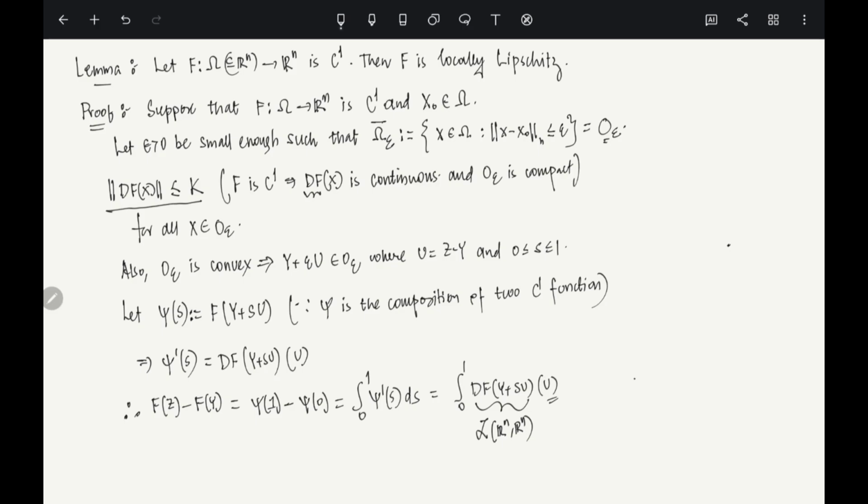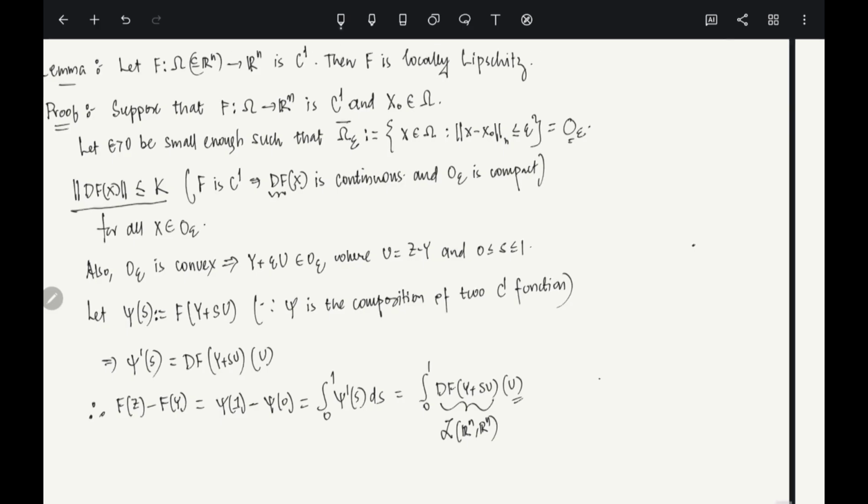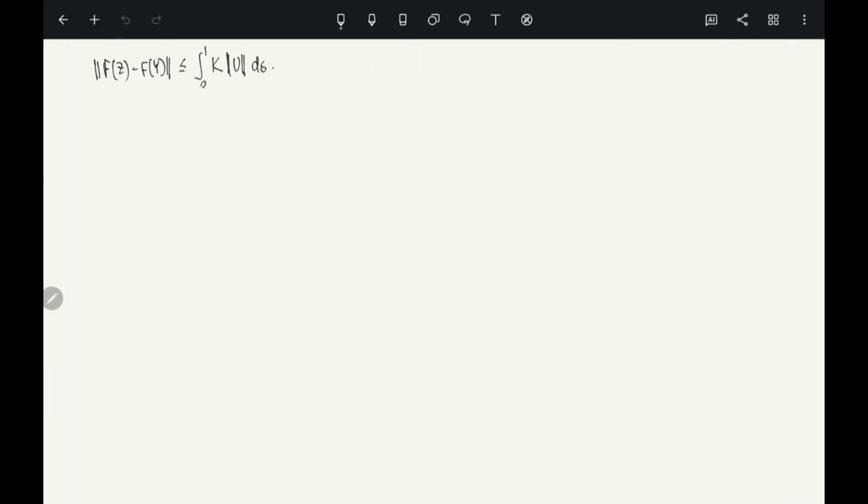So if I am taking the norm here, what do I have? F of z minus F of y equals the integral from 0 to 1 of df at y plus su acting at u ds. This is a linear map from Rn to Rn acting on an element of Rn.